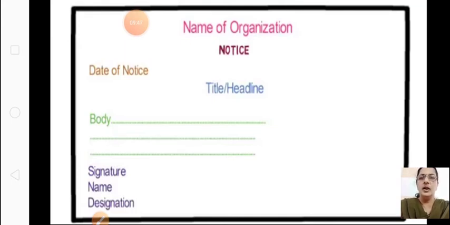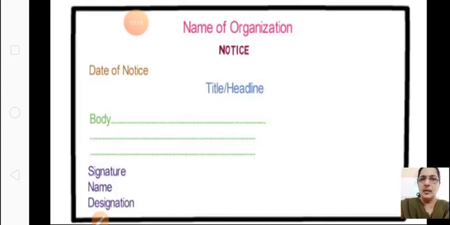After that, the body of that notice should be written. After that, below that, you will write your name. If you are the monitor, you will write monitor. Designation means whatever you are, you have to write your name and designation. That means if you are the monitor, school head boy, head girl, whatever the designation, you have to write that. So you understood how to write.